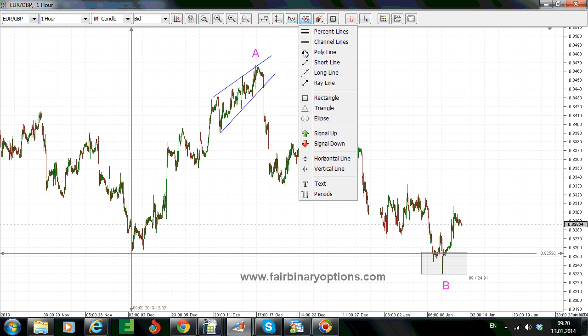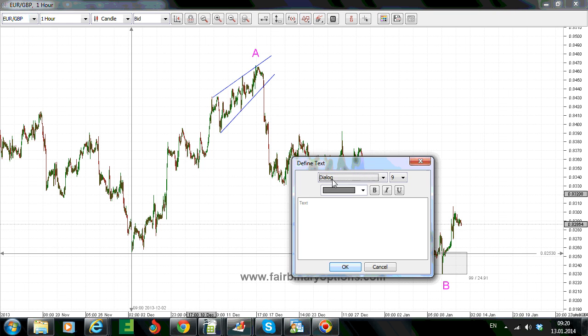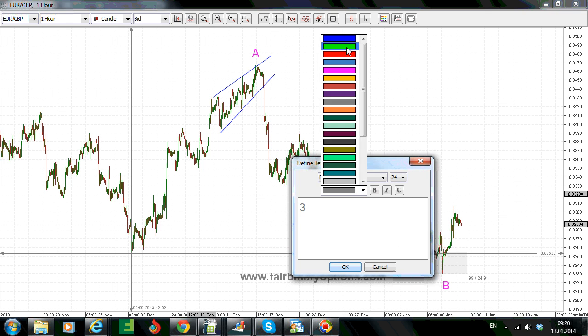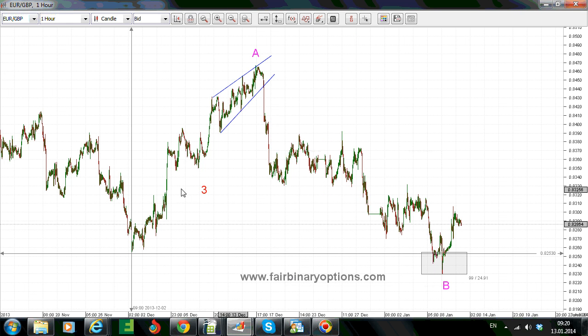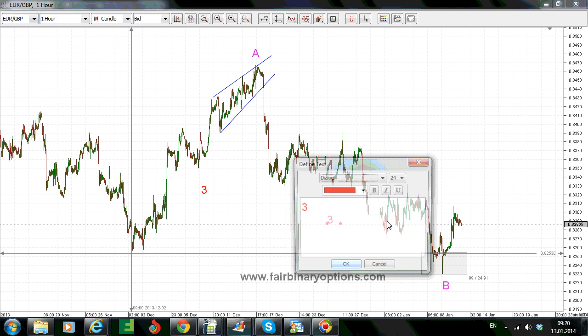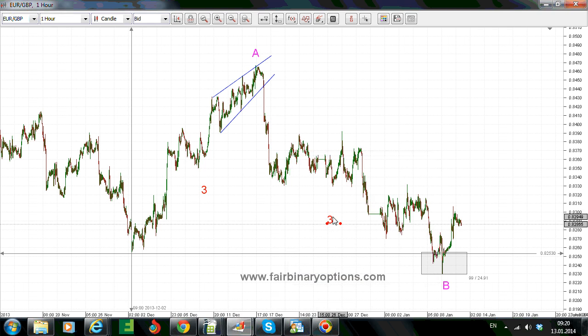So for this move to the upside we should look for 3 waves, so this should come in the form of 3, then another 3 waves to the downside, and of course for the C wave there to the upside we are looking for a five-wave structure.